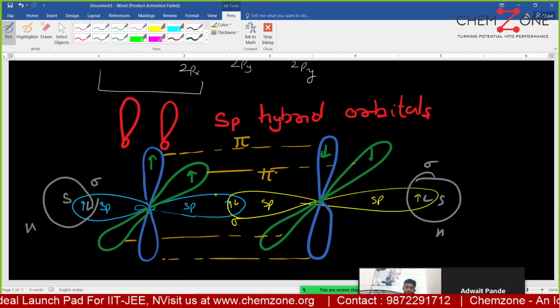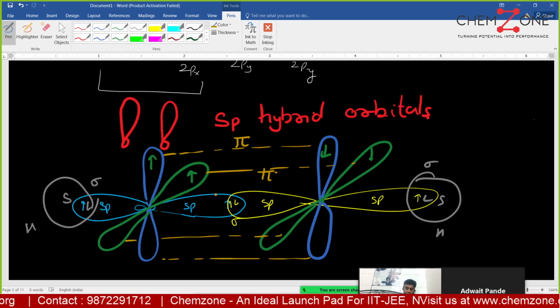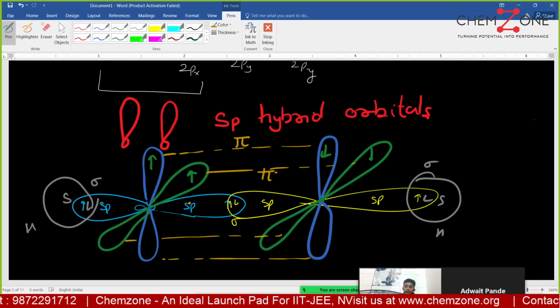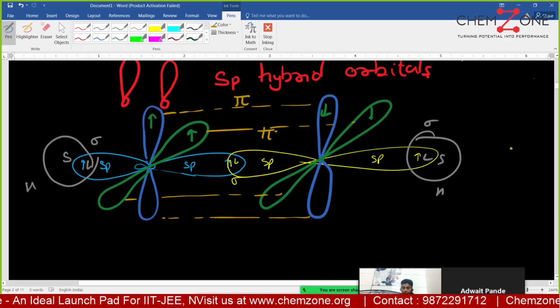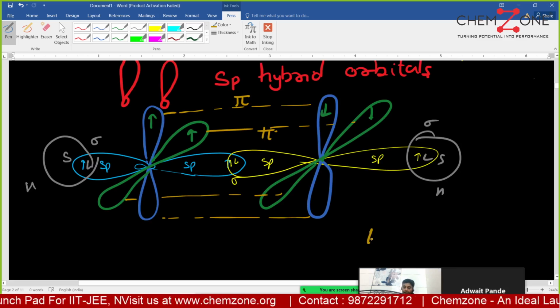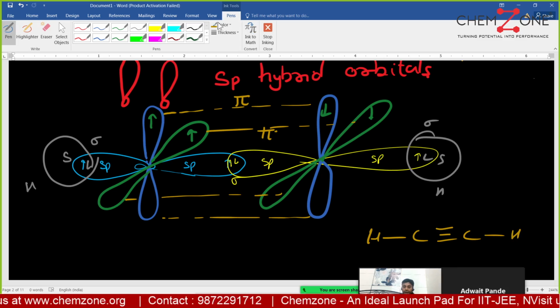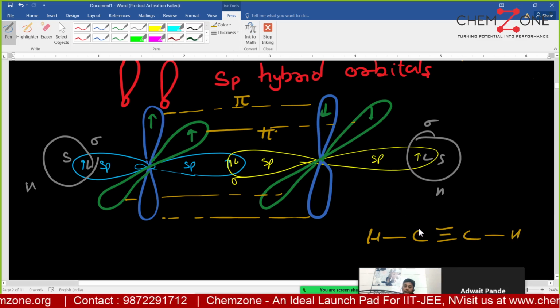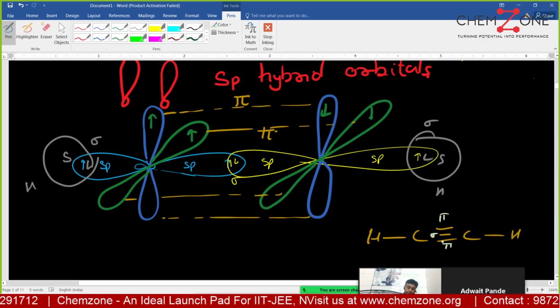Understood? So one sigma and two pi bonds are formed. So what I find here is hydrogen, carbon, carbon triple bond. Between the two carbon atoms, there is one sigma bond and two pi bonds.